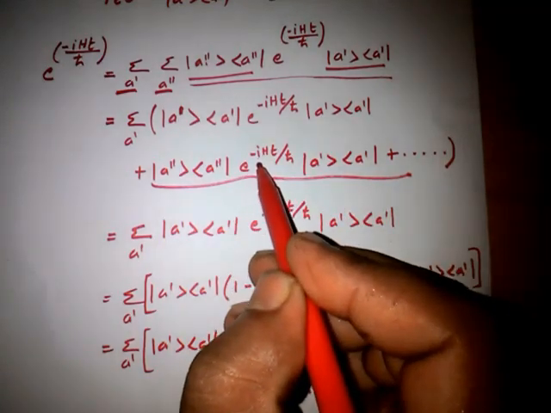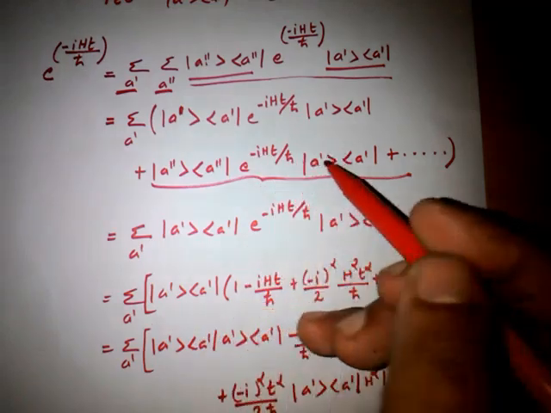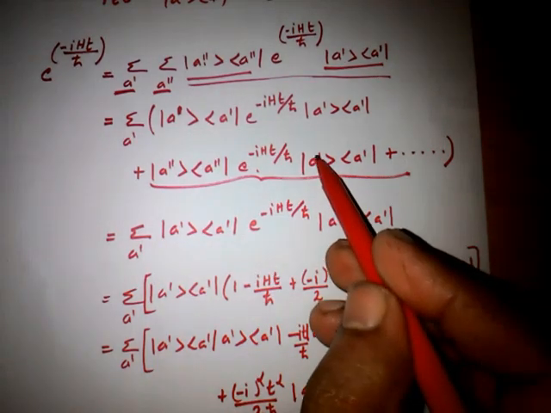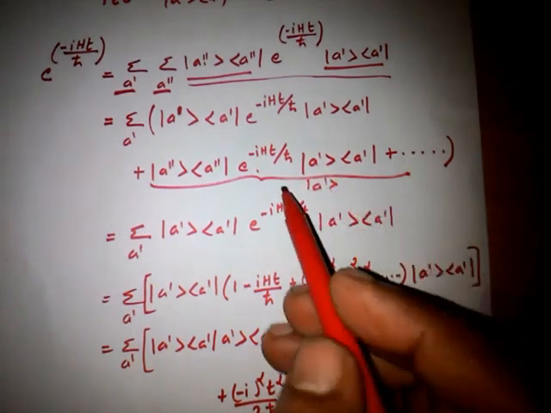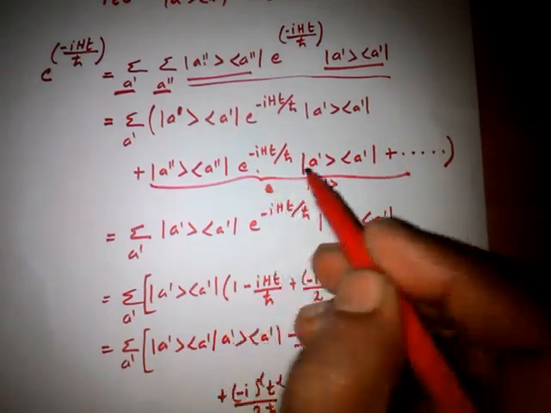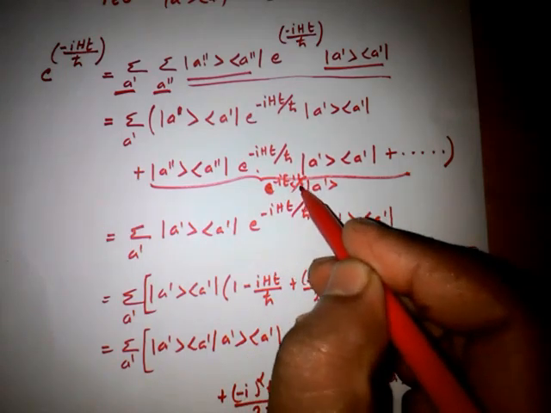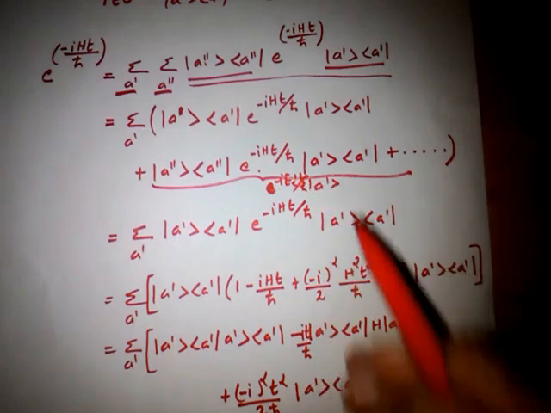So if you are operating e raised to minus iHt over h cross on a dash, we will get the same eigenket a dash and some eigenvalue. Let me write that eigenvalue: e raised to minus i E_a' t divided by h cross. That eigenvalue times that base ket a dash.